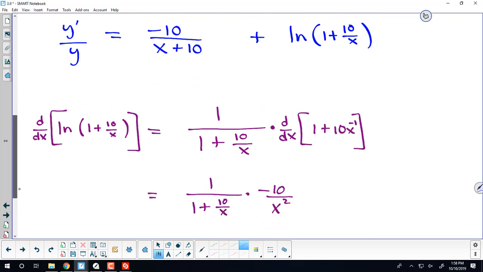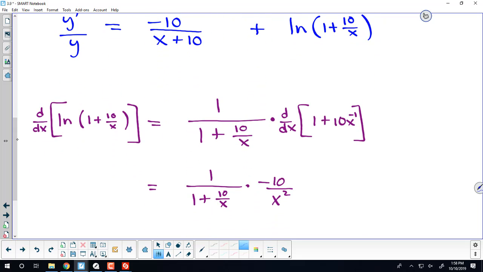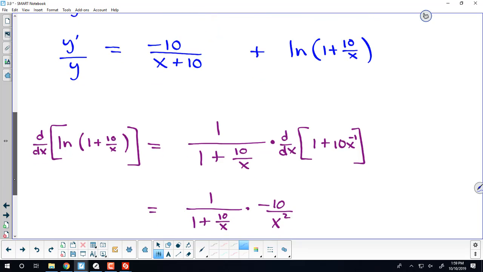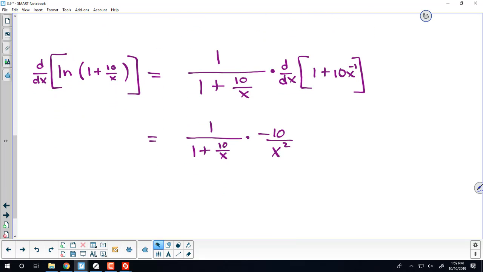Okay, we're going to move this down. So we just multiply what we have on the right-hand side through by the original function y to solve for y prime. I'm going to move this and then we'll look at that.